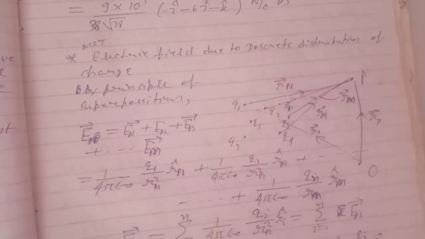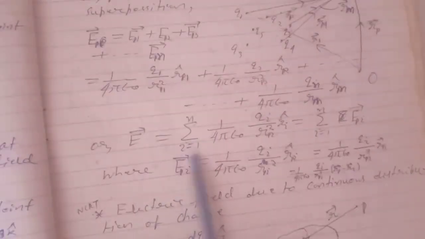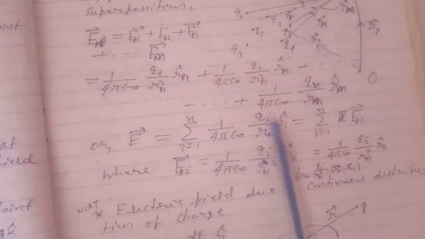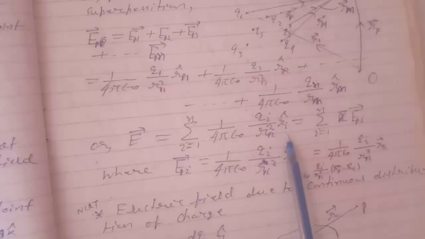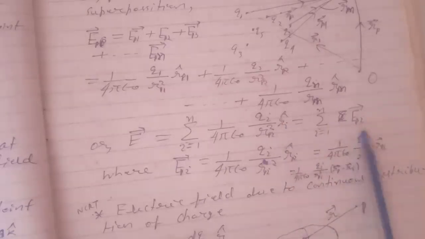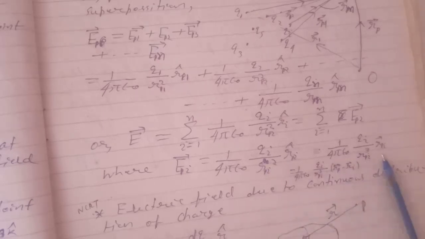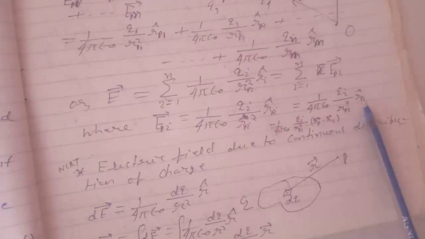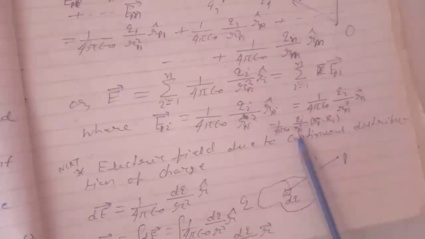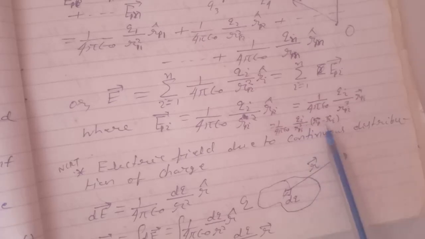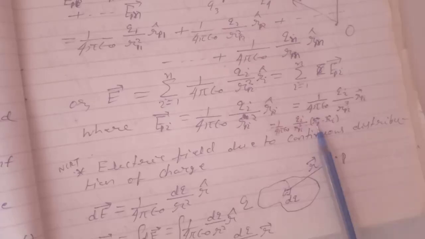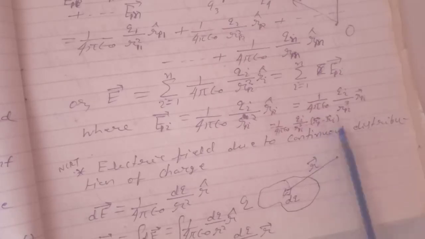So we can write E vector equal to sigma i equals 1 to n of 1/(4πε₀) · qi/rpi² into r̂pi, or sigma i equals 1 to n of Epi vector, where Epi vector is 1/(4πε₀) · qi/rpi² into r̂pi, or equals 1/(4πε₀) · qi/rpi³ into (rp vector − ri vector), where rp represents the position vector of the point and ri the position vector of the ith particle.